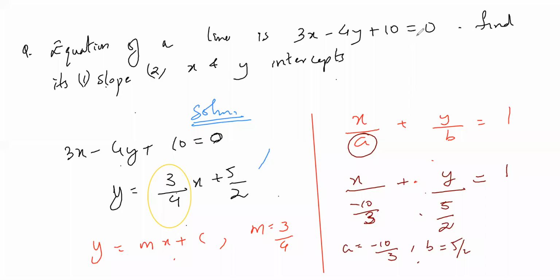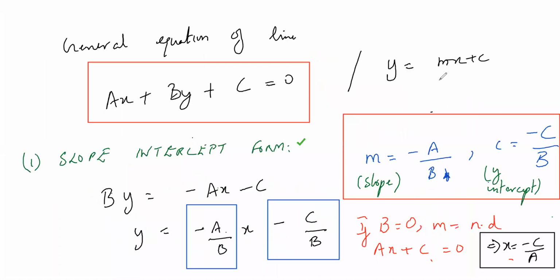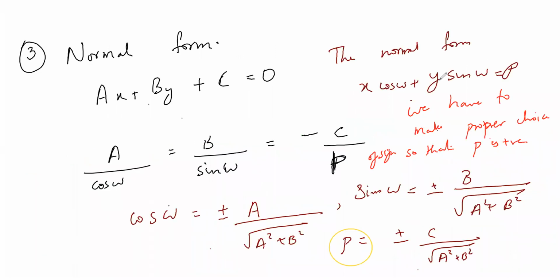Intercept. So those who did not get the x intercept, okay. This A is nothing but what? Minus C by A. What is C? C is a constant. Now I have to find my A here. I have to just turn back and do this. So minus C by A, that A thing I have to just substitute here.